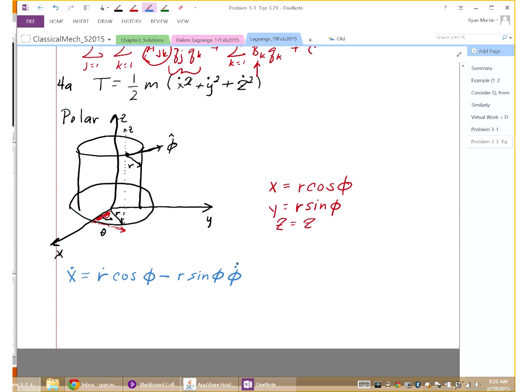Are there any questions about this? Then I will leave the rest of the derivations to you, and I will concentrate on x dot squared.